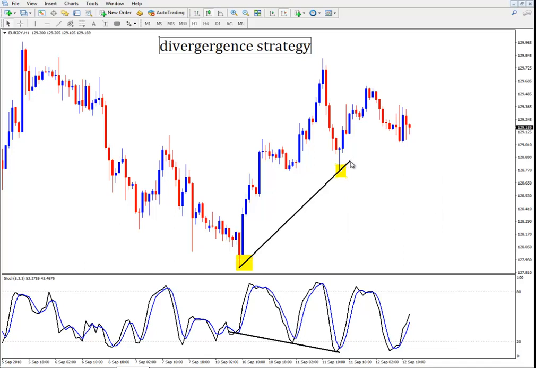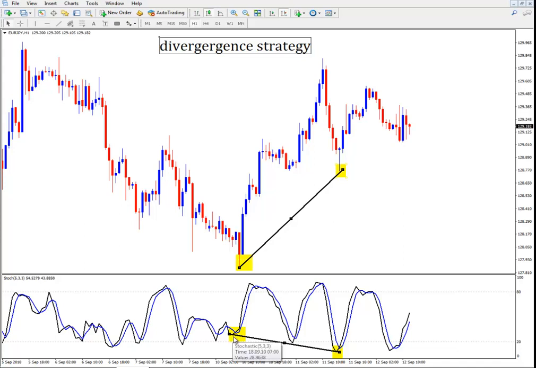If we mark this here, then we will see that the price is going from lower to higher, but the indicator is showing us higher to lower.